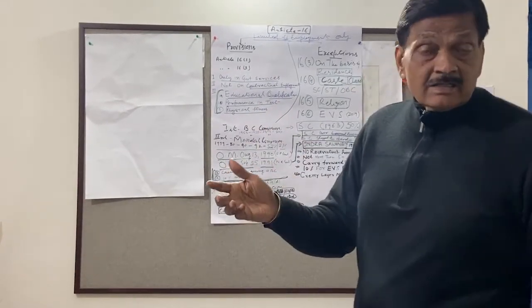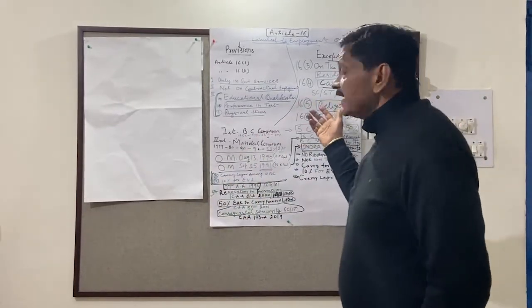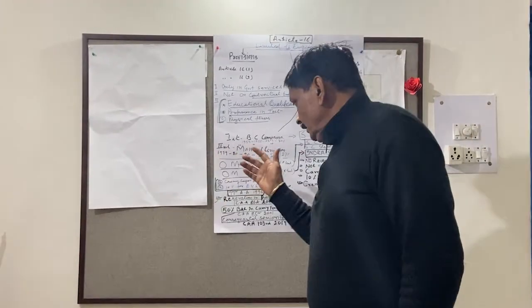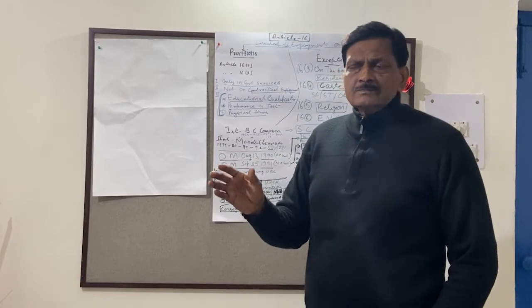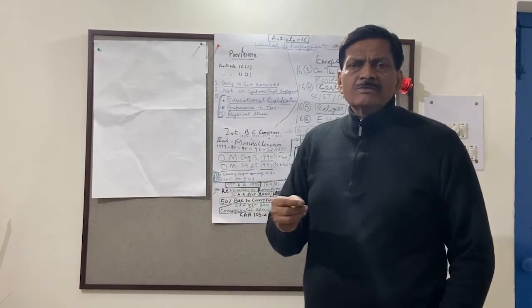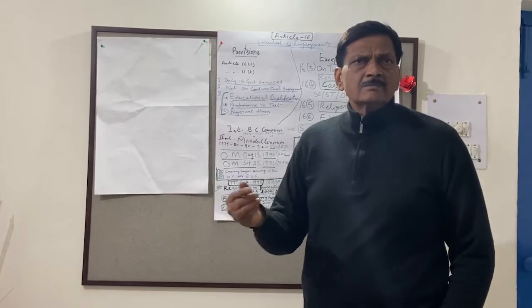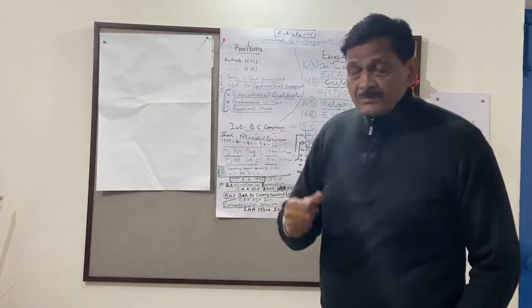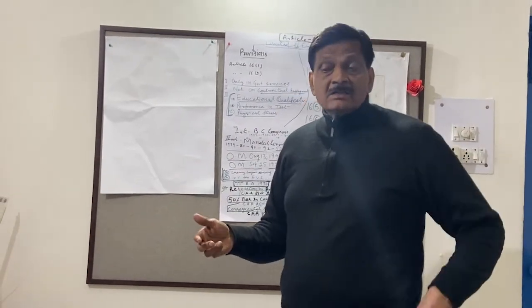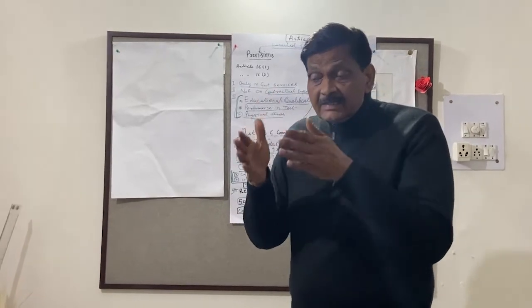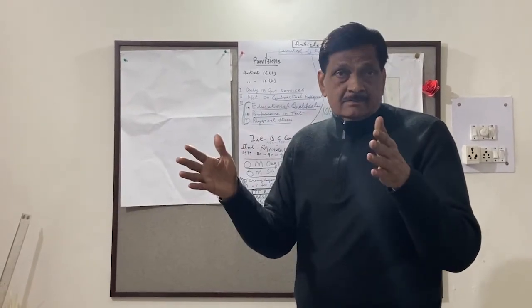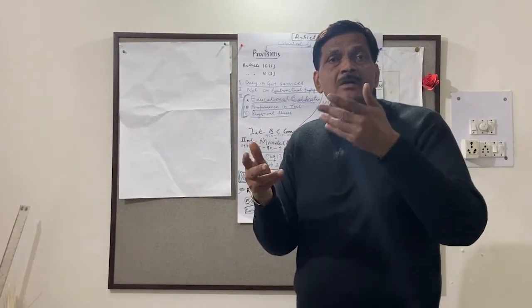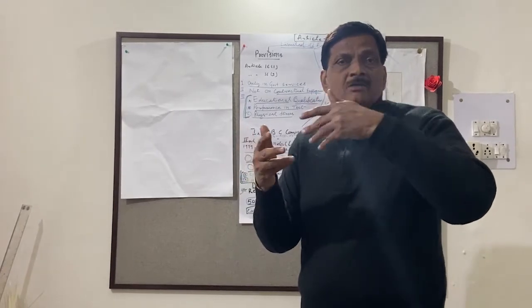The next article in this line is Article 18. Article 18 is, as we know, abolition of titles. During British time, several types of titles were given to Indians, like Rai Sahab, Rai Bahadur, Zamindar, and so forth. Such titles amounted to a clear distinction in our society. It divided the society into sections: rich, poor, middle, workers, rulers.